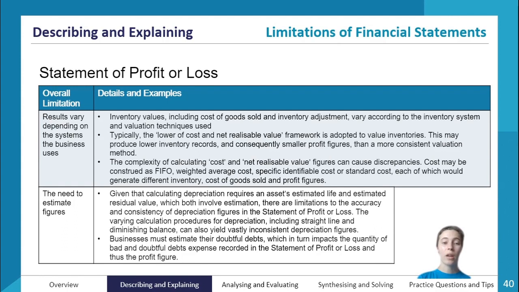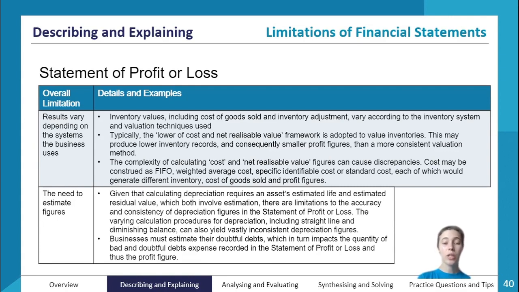When it comes to things like inventory values, like the cost of goods sold and inventory adjustment, those figures vary according to the system and the valuation techniques that the business uses. So this sort of inconsistency can be a limitation.